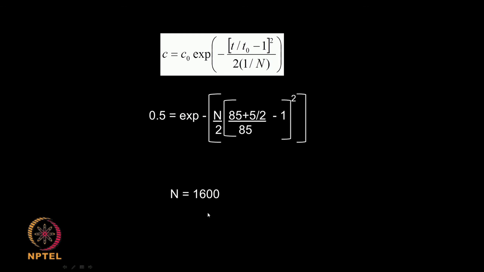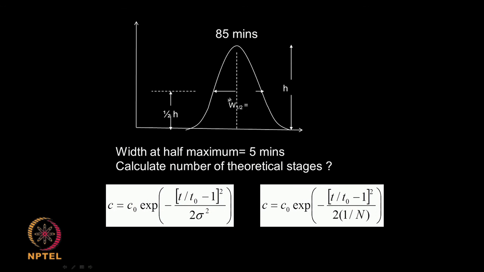Okay, you may wonder why I am putting 85 plus 5 by 2 and C by C naught as 0.5. So, why am I doing that? At this place the concentration is 50% of the C naught, right. So, the time at this place will be how much? It will be 85 minutes plus 2.5 minutes, right, because the width at half maximum is 5 minutes.